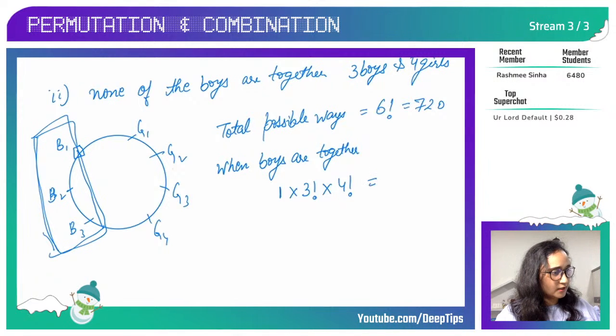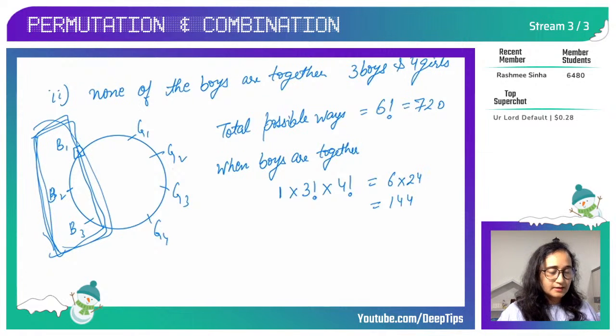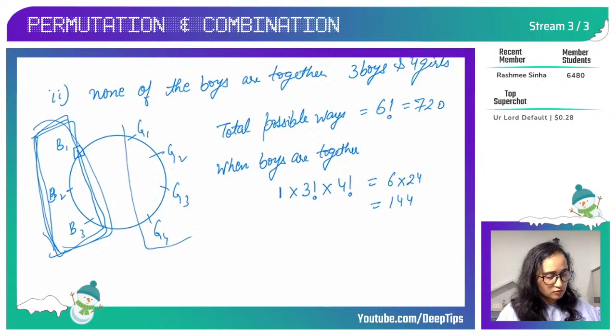So that's why my answer is 6 into 24, which is 144, correct? So how did I do this? Here I took my boys as one entity and my girls as 4 different entities, or I can take them together as one entity also, because girls don't have any other option. When all boys are sitting together, girls are also sitting together.